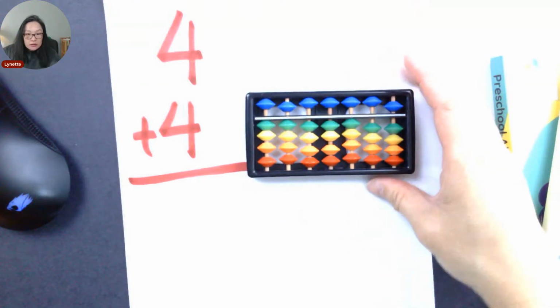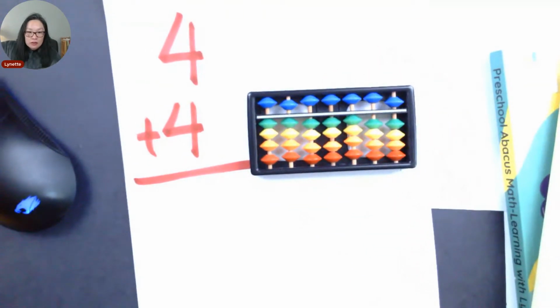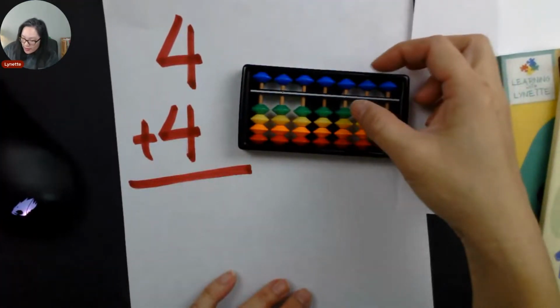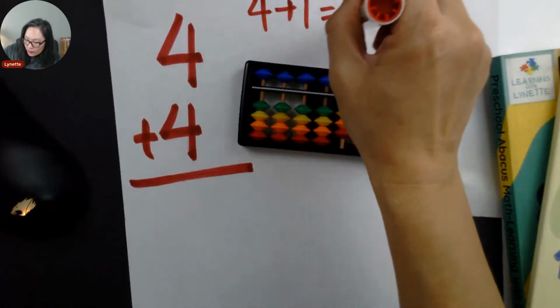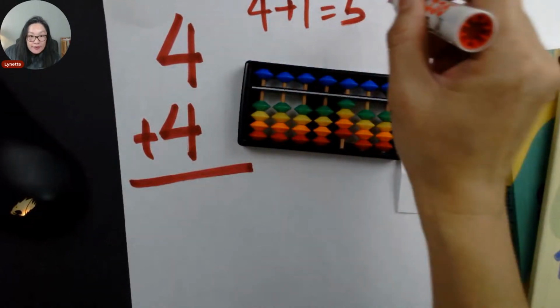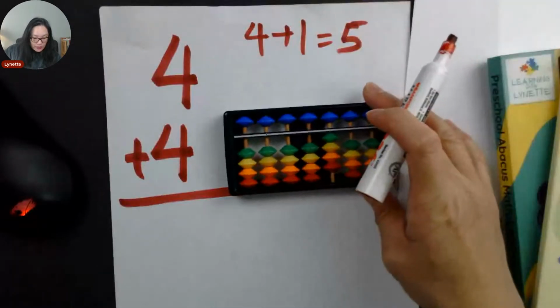Oh, maybe I can't. Oh, it's too much. Okay, so we have 4 plus 4. So we do 4, and then we know 4 plus 1 is equal to 5, right? Oh, there we go. 4 plus 1 is equal to 5.